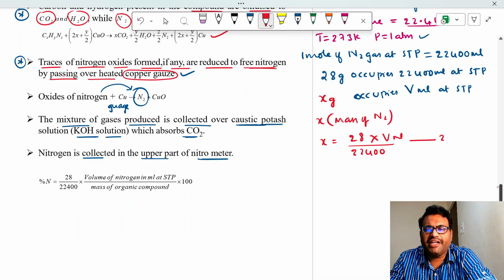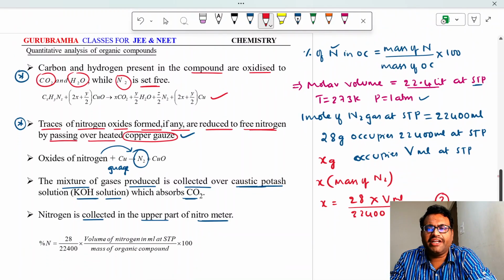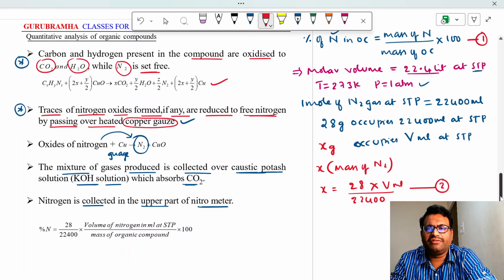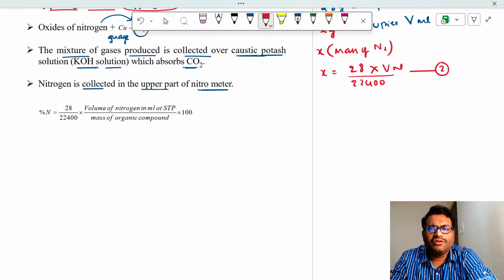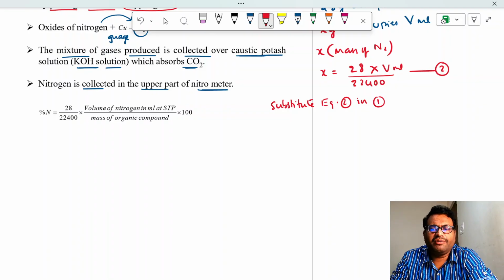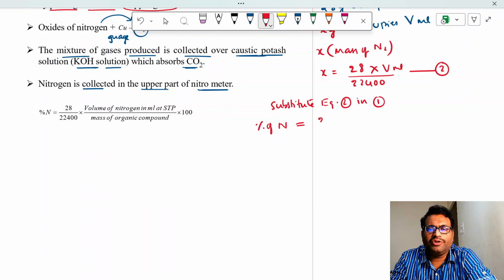Let me take this as equation 2 and the earlier one as equation 1. Substitute equation 2 in 1. Then what do you get? Percentage of nitrogen is equal to 28 by 22,400 into V ml by weight of organic compound into 100.